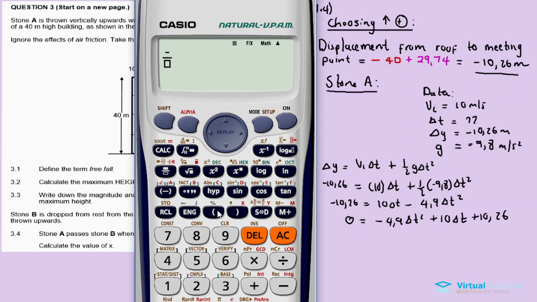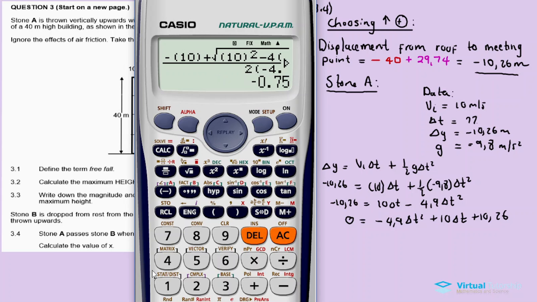Let's see, it's negative b plus or minus the square root of b squared minus 4ac, over 2a, with a equal to minus 4.9.